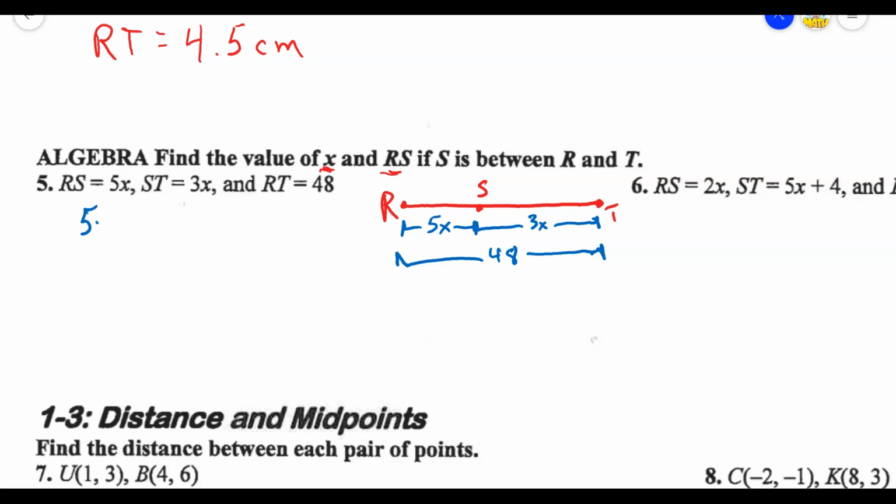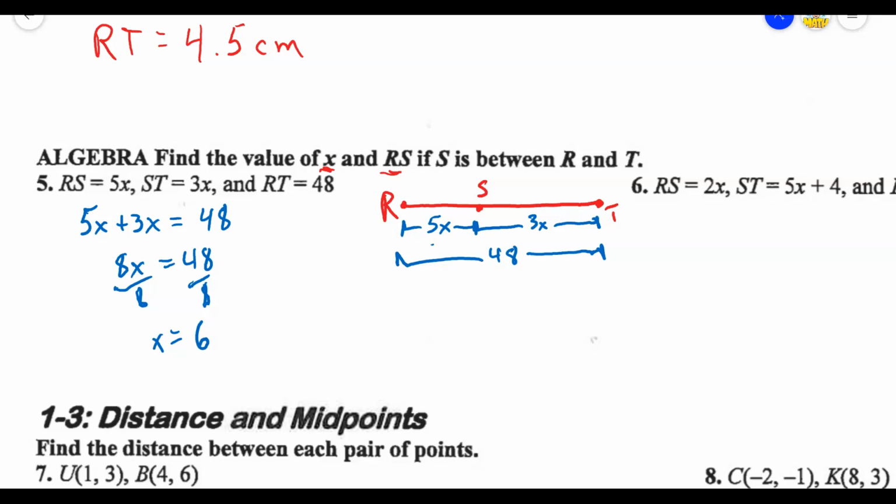So hopefully you said 5x plus 3x equals that whole segment piece, 48. Okay? So this is going to be 8x equals 48, and then we just divide by 8. So we have x is 6. So if x is 6, now we can easily go back and get RS. And I haven't drawn this to scale.